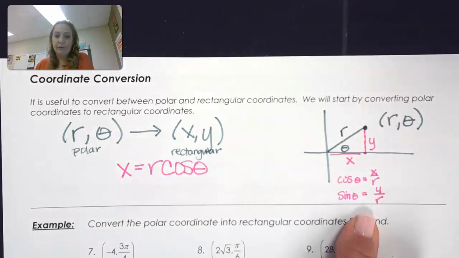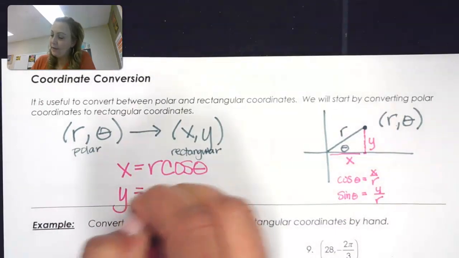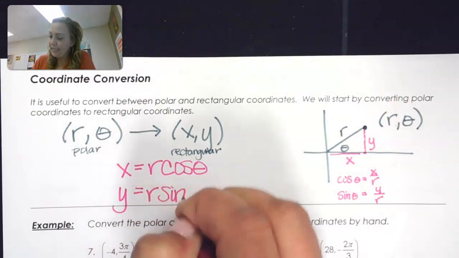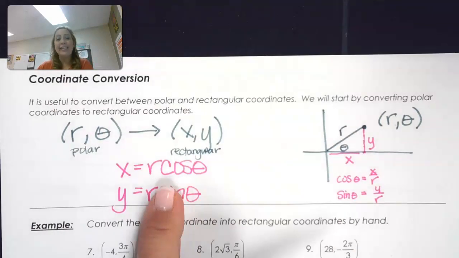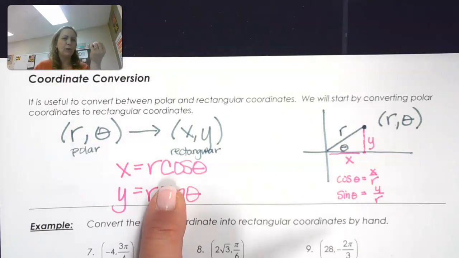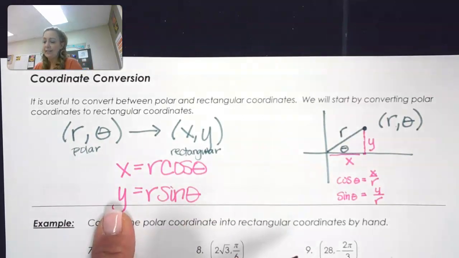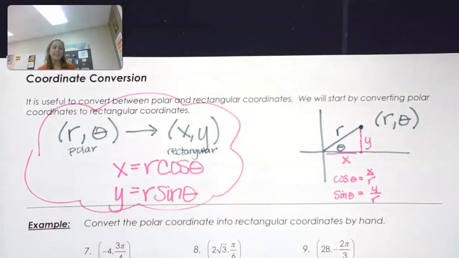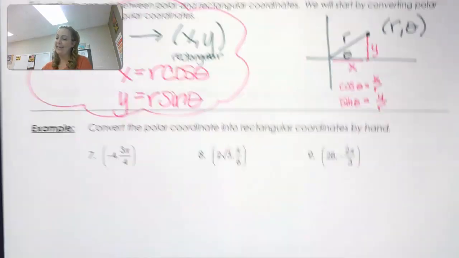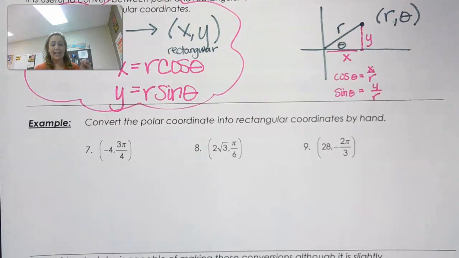And what do you think we would do to find y? That's right, we would take r times the sine of θ. And so that's how, when we're given polar coordinates involving r and θ, we can turn them into rectangular coordinates by using this process.